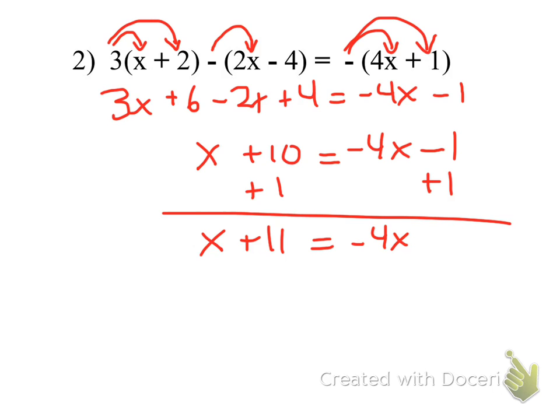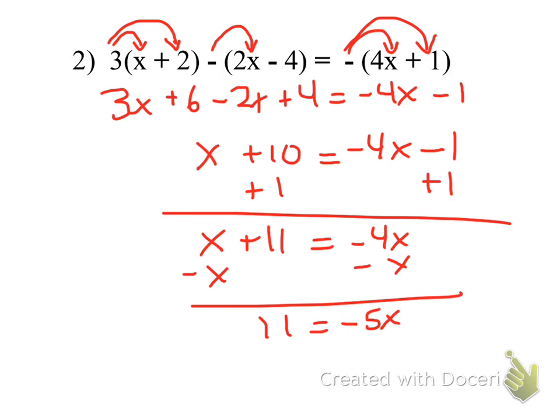Next step from here, I want to hear somebody I haven't heard. Sadat. You subtract 1x from both sides. Minus x, and 11 is equal to negative 5x. Negative 5x. Next step, Sargis. You have to divide by negative 5 on both sides.